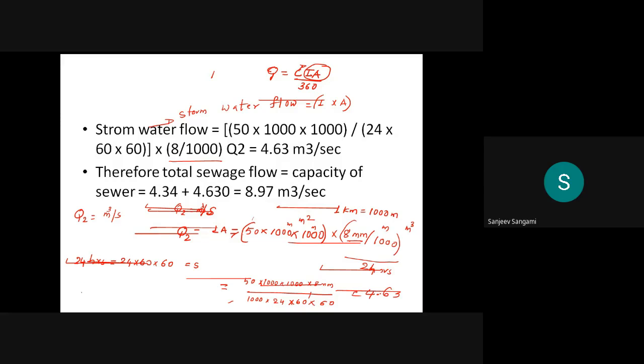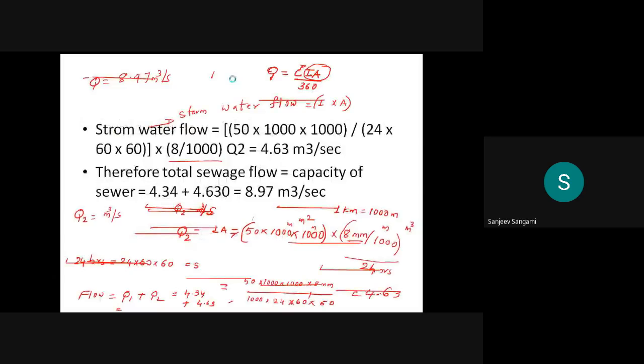So the total flow Q is equal to Q1 plus Q2, that is the previous value 4.34 plus 4.63. So we will get Q is equal to 8.97 meter cube per second.